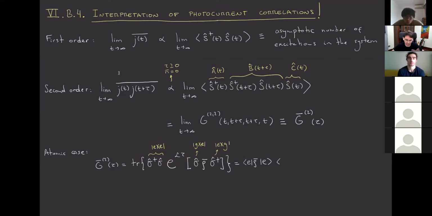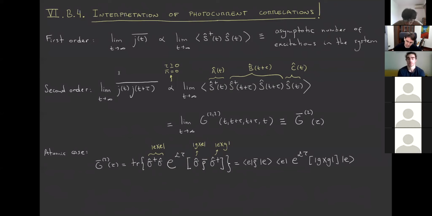But we have already seen many times that the trace of a projector is just the expectation value on that state. So this is just my way of telling you that I can rewrite this in the following simple way. Okay, so I didn't do anything. I just used the definition of the raising and lowering operators.